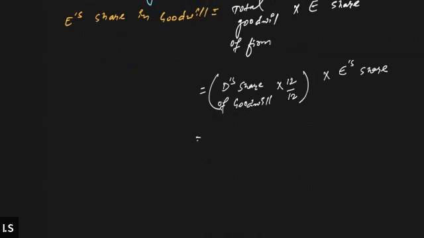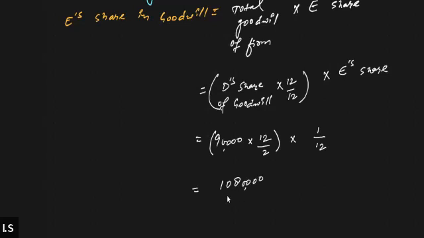D's share in goodwill is given as 90,000. We will multiply it by 12, divide it by 2, and then multiply it with E's share. E's share is 1 upon 12. That is already given in the question.